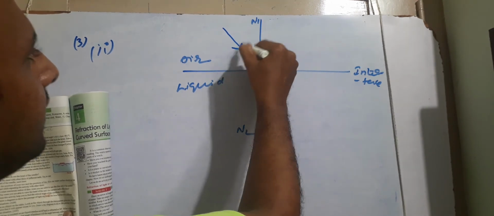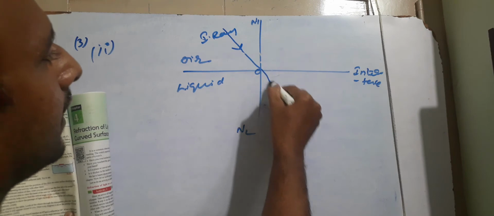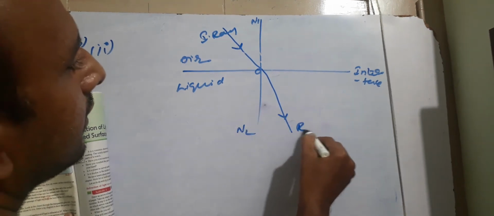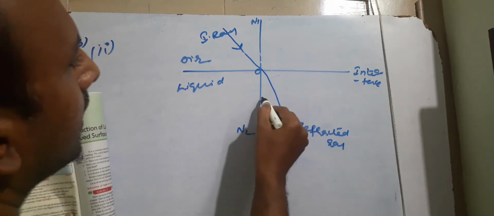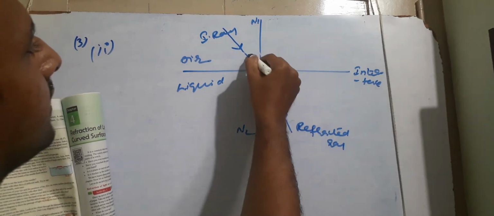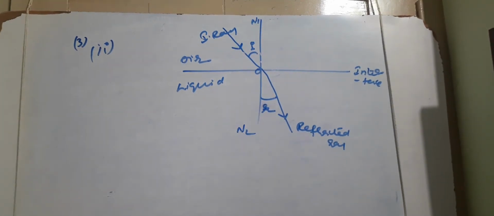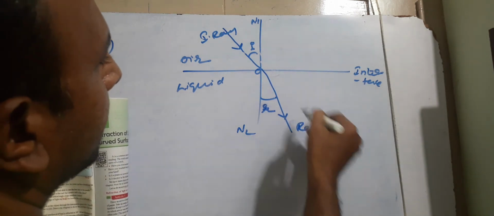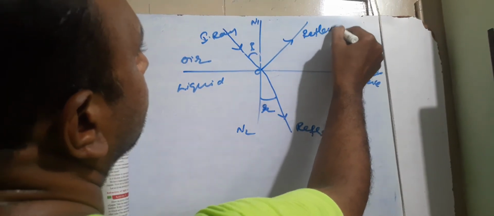It is the incident ray, and this is the refracted ray, and you know the angle between these two is R and this one is I. But for what angle of incidence will the angle between the reflected ray and refracted ray be 90? This is the refracted ray. Suppose this is the reflected ray.